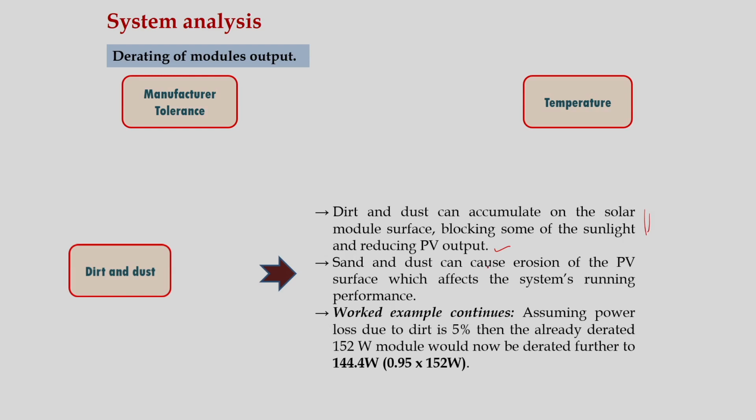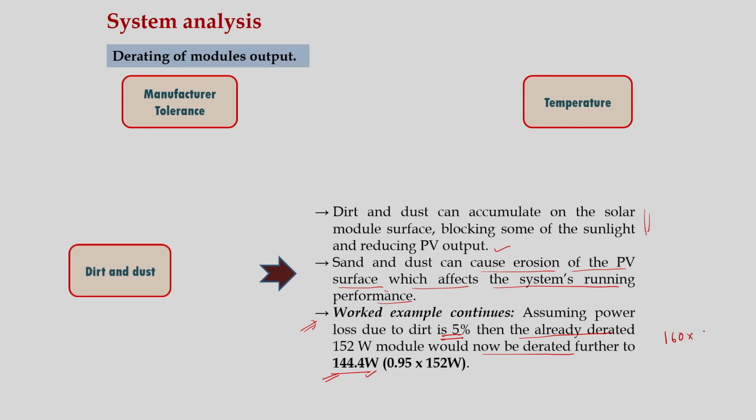The sand and dust can cause erosion of the PV surface, which affects the system's running performance, right. So, if we consider 5% losses in this case, and if we continue with the problem we initiated in the last slide, then what will happen? We will get a value of 144.4 watt, because the module is already derated because of the manufacturer tolerance.